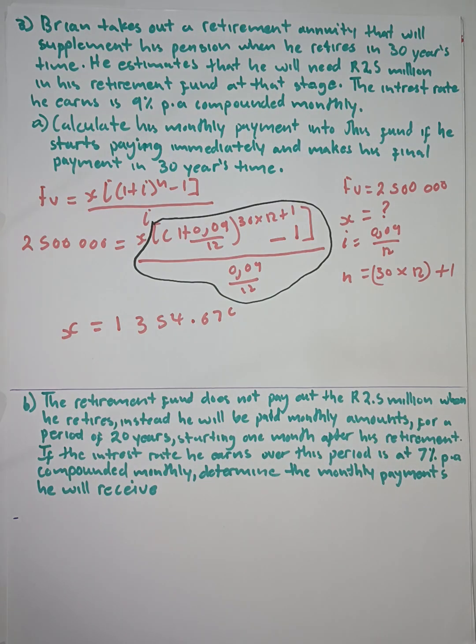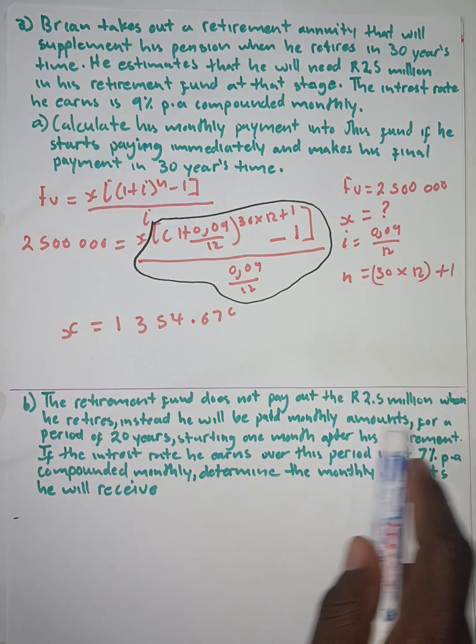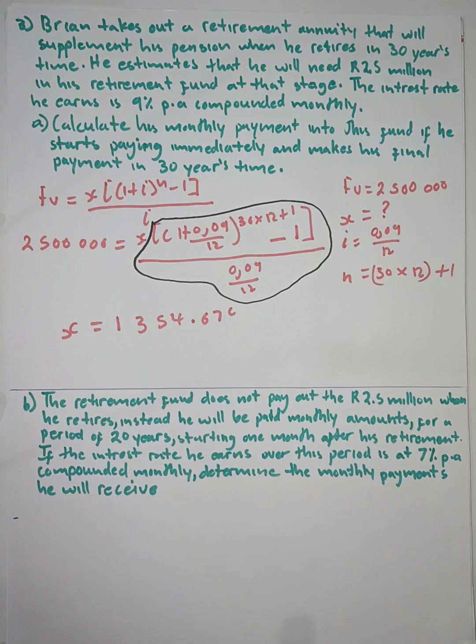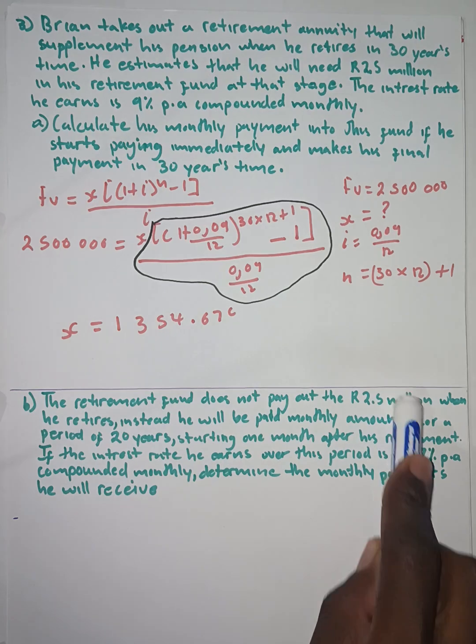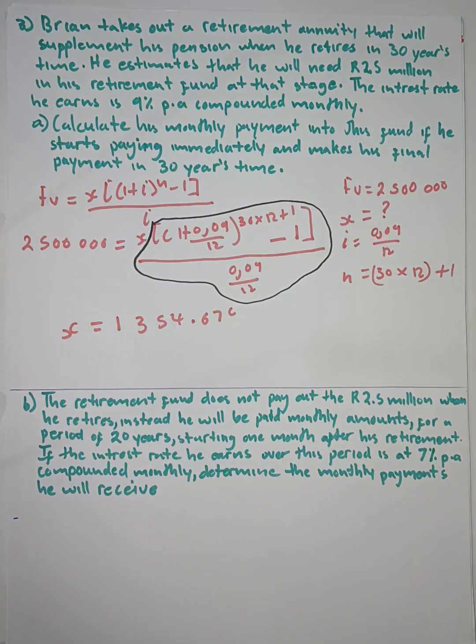But what the pension fund will do is pay equal monthly payments. So instead of him getting that 2.5 million, he wants to get equal monthly payments. Now remember, we have that value right now, but we don't know, for they say determine the monthly payments that he will receive. So we have this amount right now, but we want to know how much he will get every month, if that's his plan.